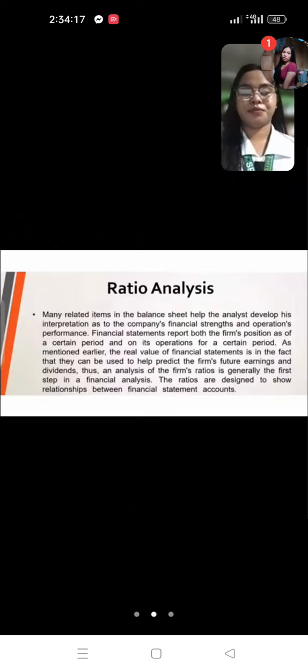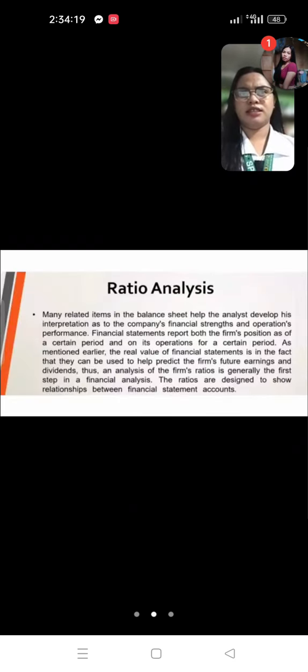The next one is the vertical analysis. Sorry, nabubulol lang ako. So, vertical analysis is a technique that expresses each item within the financial statement as a percentage of a relevant total or base amount, wherein we find the 100% because yung 100% doon mo i-divide the components within the financial statement.